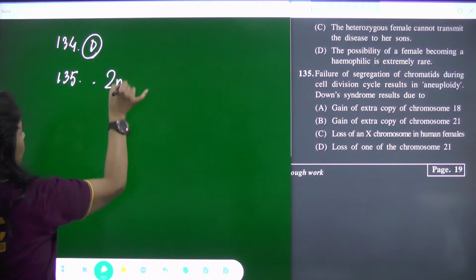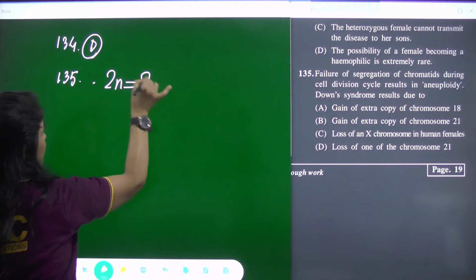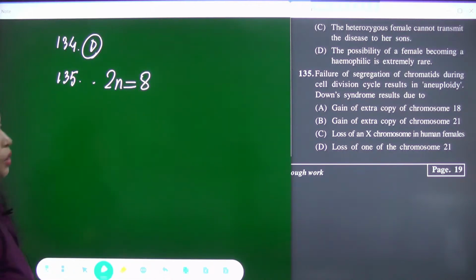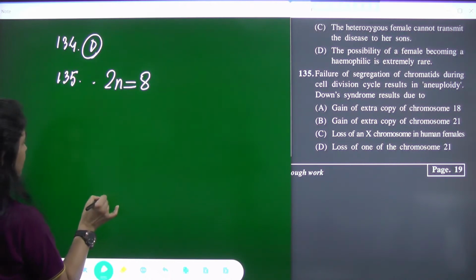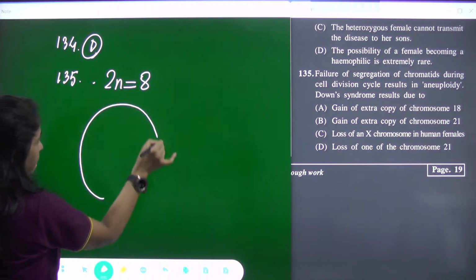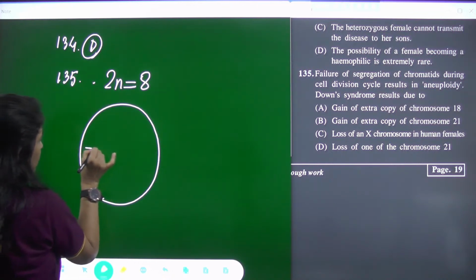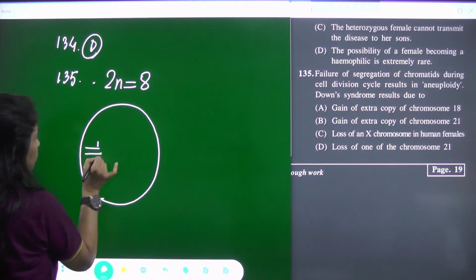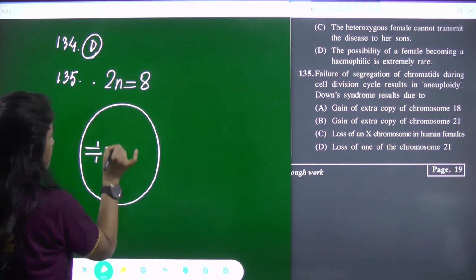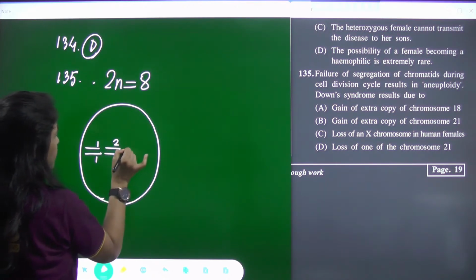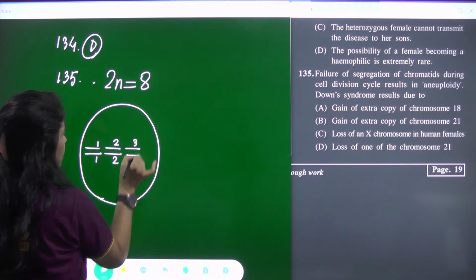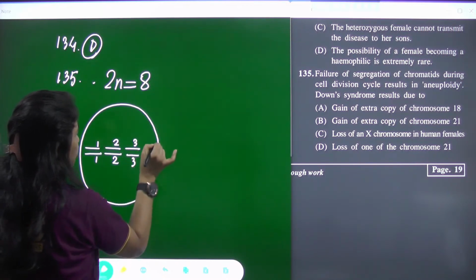Suppose it's a normal cell, just I am saying, having 8 chromosomes in diploid condition. So this is one homologous pair, second homologous pair, third homologous pair and fourth homologous pair.